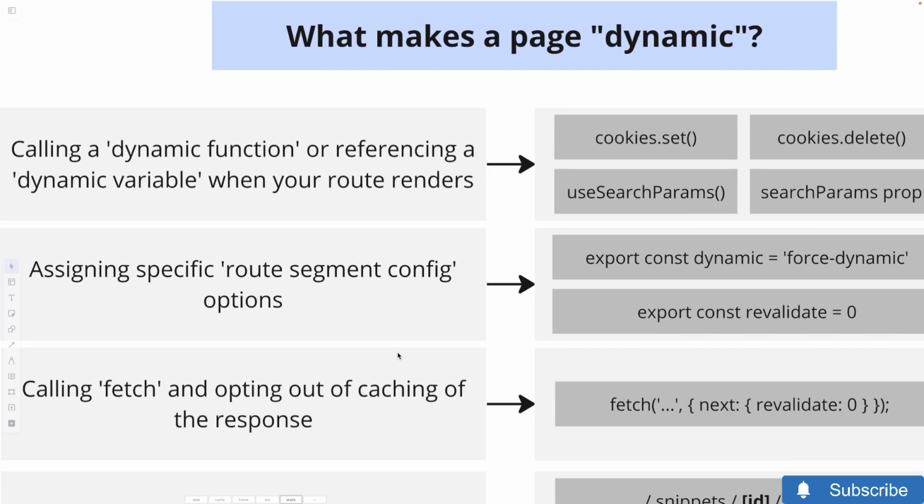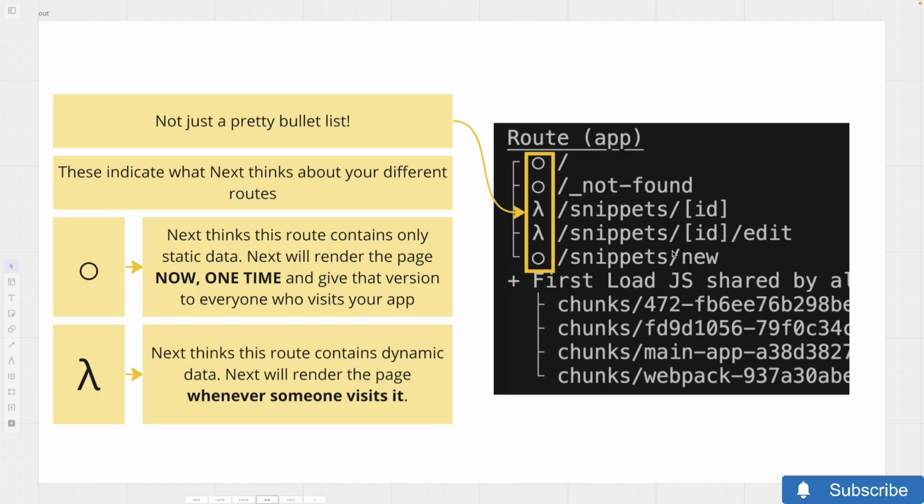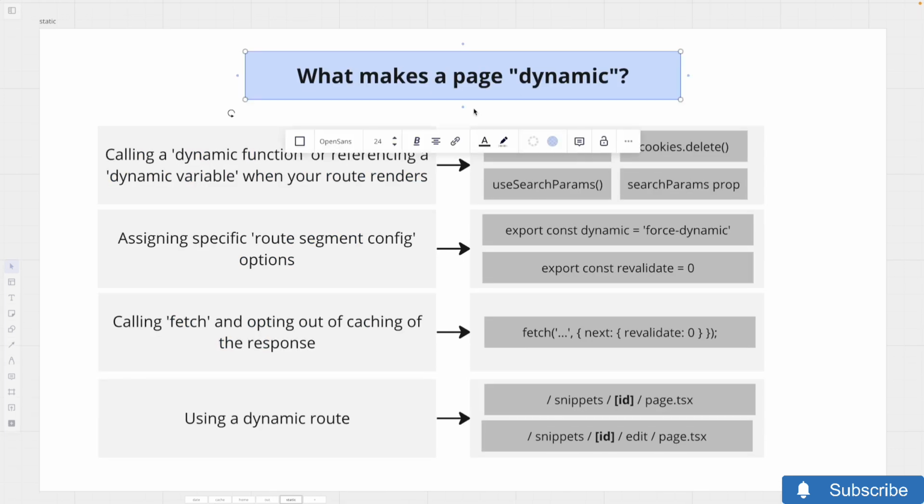Instead, the best way to handle this is to run that npm run build command every now and then, take a look at the output, and then do a little bit of research into understanding, okay, this route right now is static or it's dynamic. I want it to be something else, and then figure out what you're doing to make it dynamic. So again, I'm going to list out some of these things, but you really do not need to memorize them.